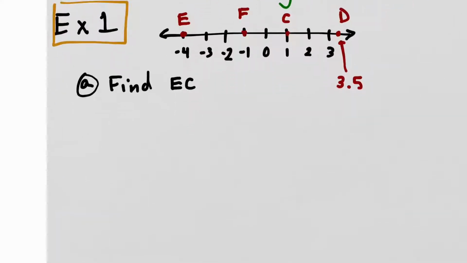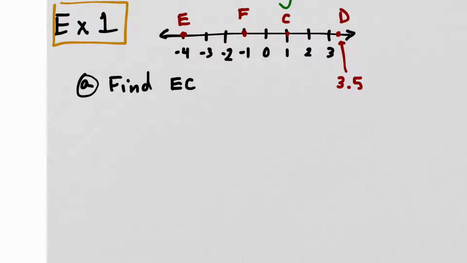So if I have this example, and I have a number line here, and it says find EC, I think that should be pretty easy. All you're going to do is subtract the larger number minus the smaller number. So the point from the far right, I'm going to be subtracting that minus that.